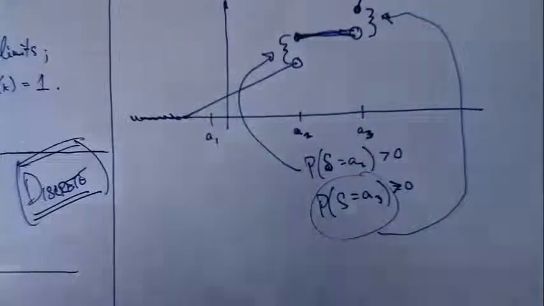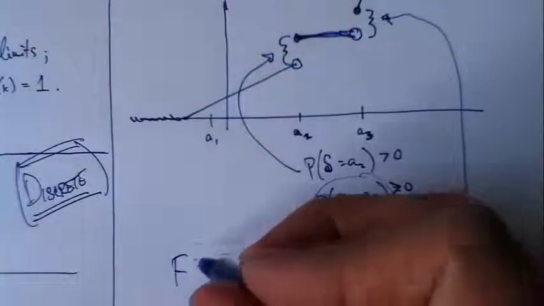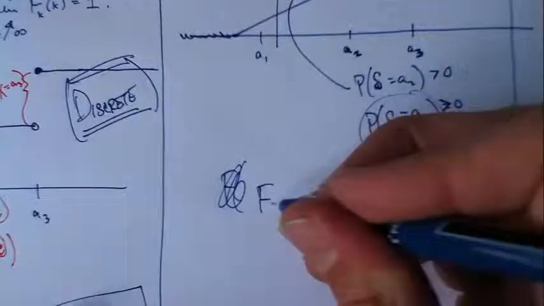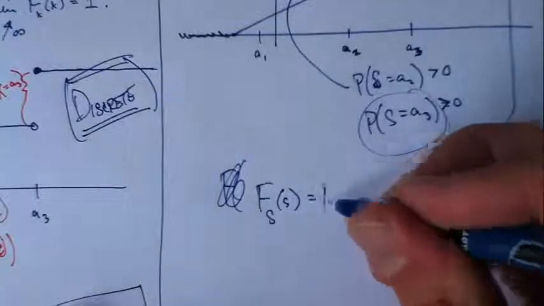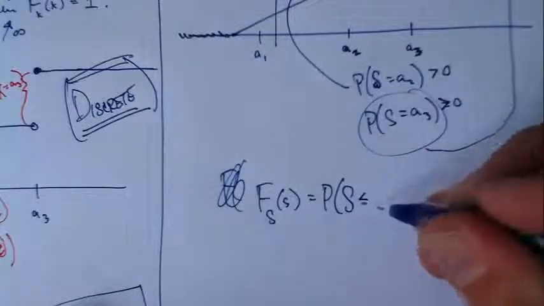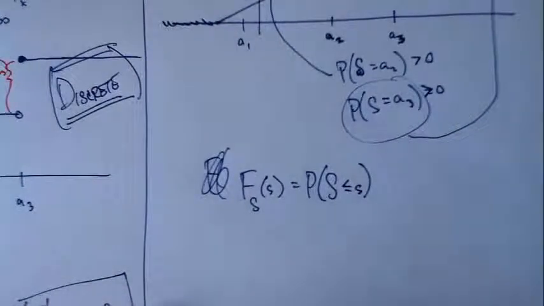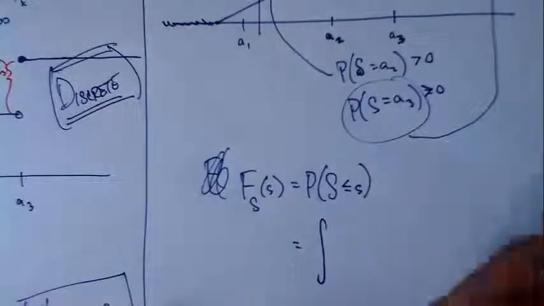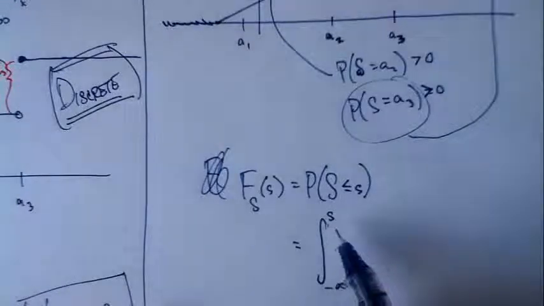Now, in this case, how do we define this CDF of S? It's the probability that S is less or equal to this number s. But I want to be able to use an integral or a summation, so it should be some kind of integral from negative infinity up to s, and it needs to be a function of little s.